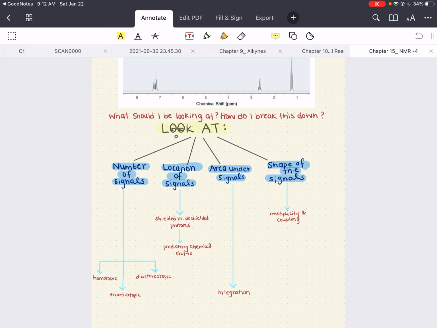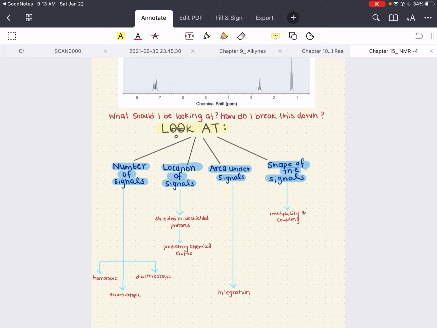The second thing we're going to look at is chemical shift. This is going to describe how shielded or deshielded the hydrogens are. Shielded protons or hydrogens will show up at lower ppm, while deshielded protons are going to show up at higher ppm.